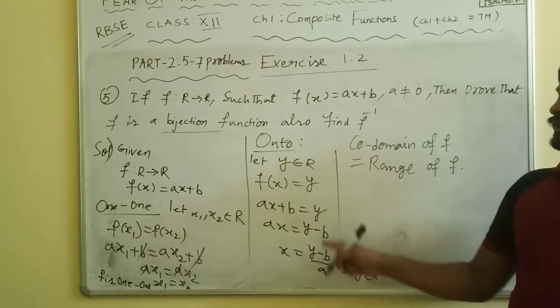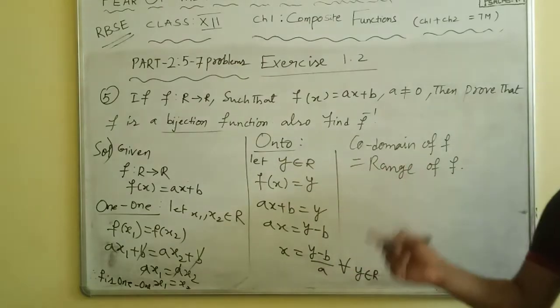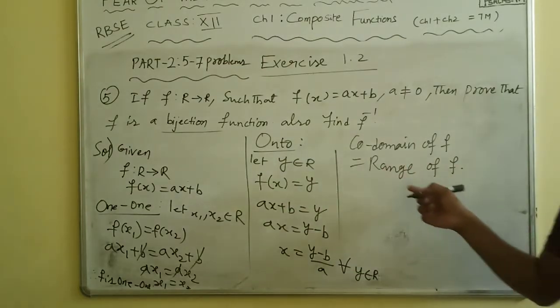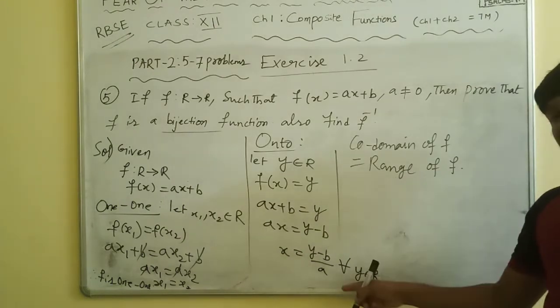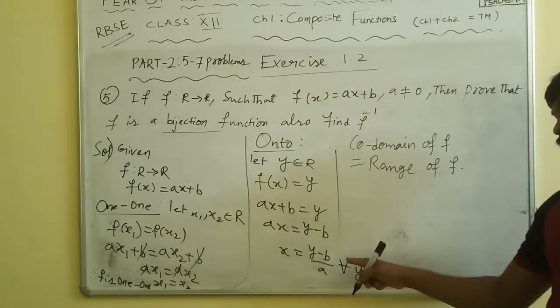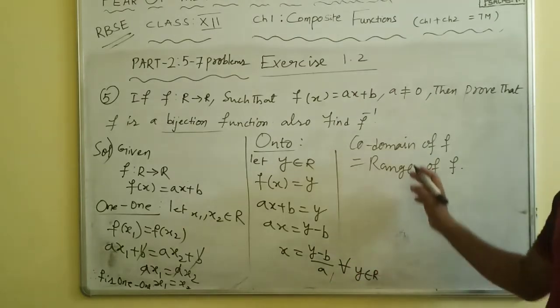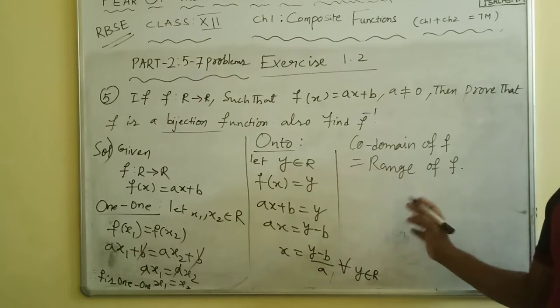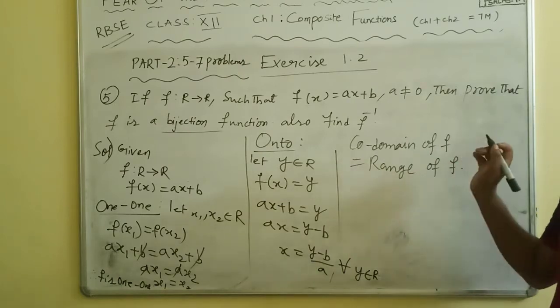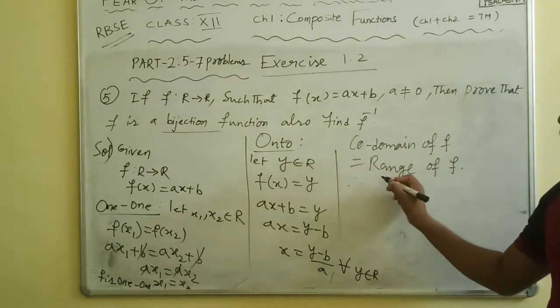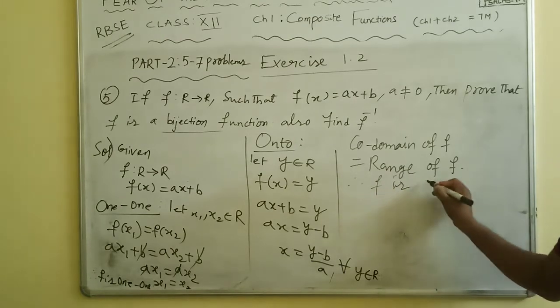When you substitute that, you get f of x is equal to y, so it is proved. But by observing this itself, we directly write for every y belonging to R. So here the codomain of f is equal to the range of f. Therefore, f is onto.